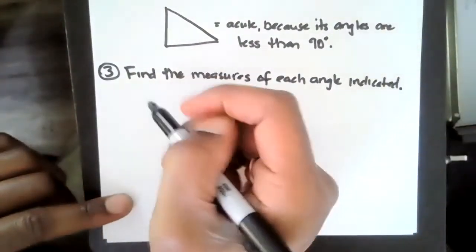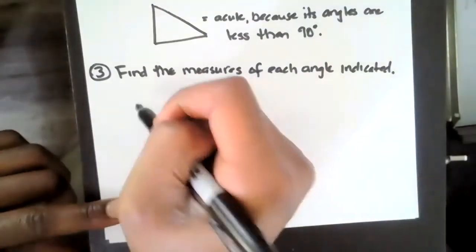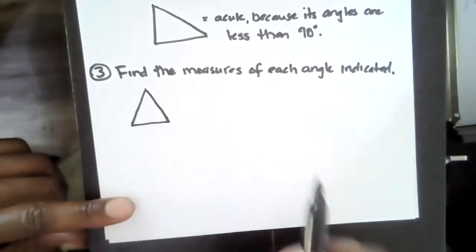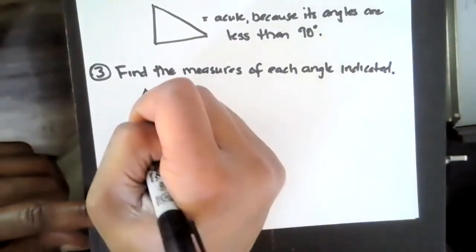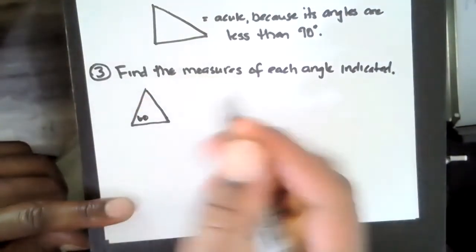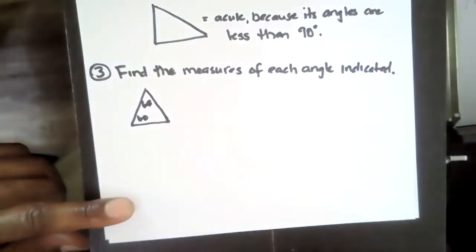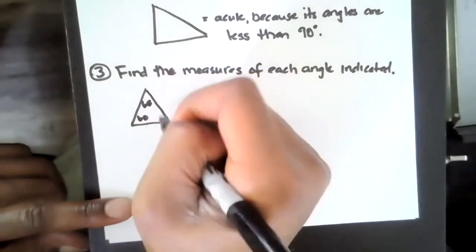So they give us a triangle. All right, they give you 60 degrees here, 60 degrees here, and a question mark here.